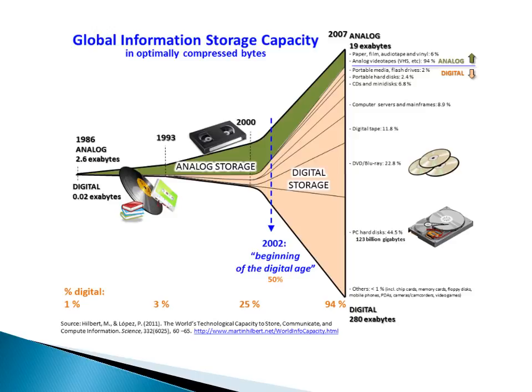Now, in 2007, at the edge of the graph, we have 19 exabytes of analog data compared to 280 exabytes of digital data. So 94% of all data is now digital. And that ballooning is continuing to grow today. It doesn't stop from 2007, but this just gives you an idea of the evolution of data. We're now in a digital data era, and the overall data capacity is growing exponentially.